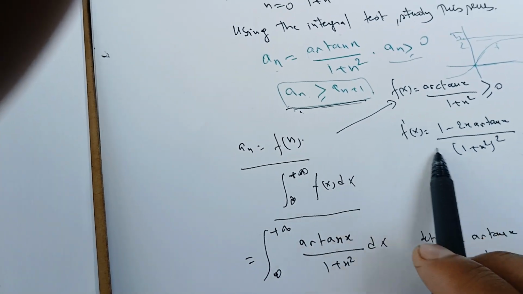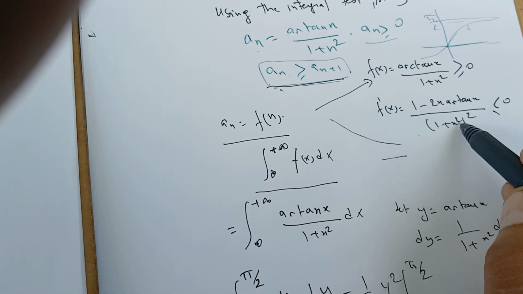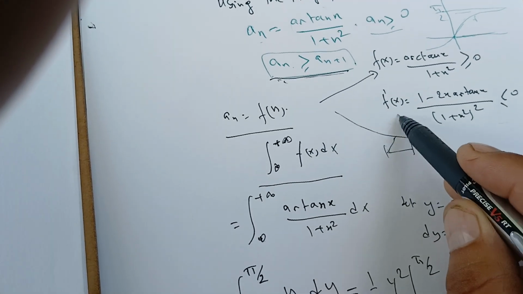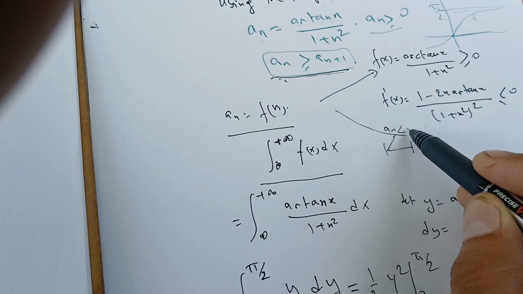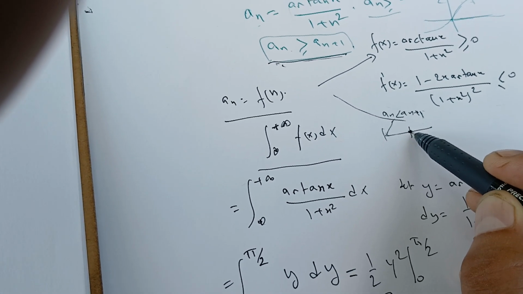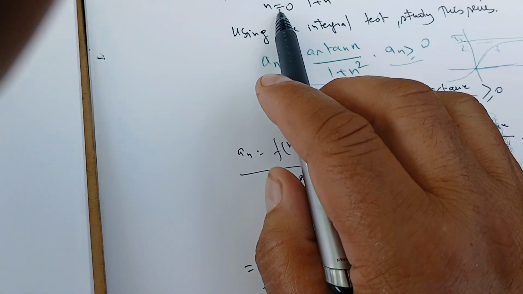We start from 1 because we want to avoid the part where the series is not decreasing: between 0 and 1 it's increasing, so a_n is less than a_(n+1). But once we are past that, it's always decreasing. So that's why we get rid of this one.